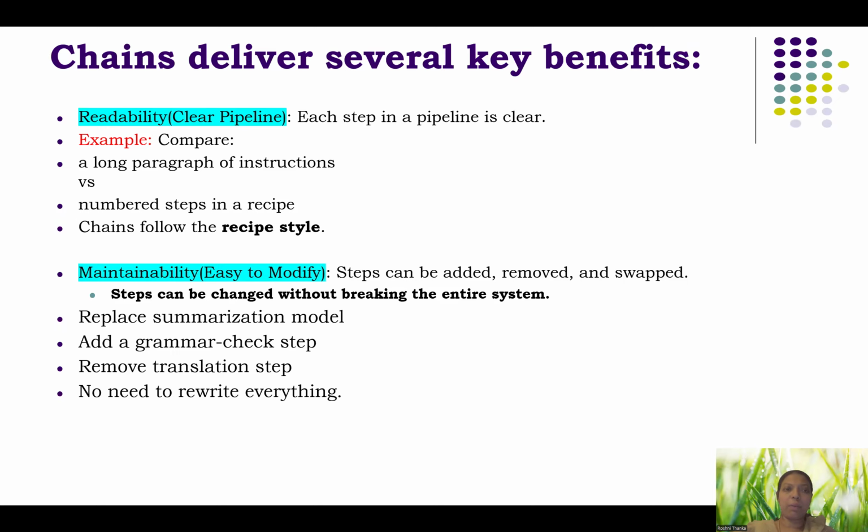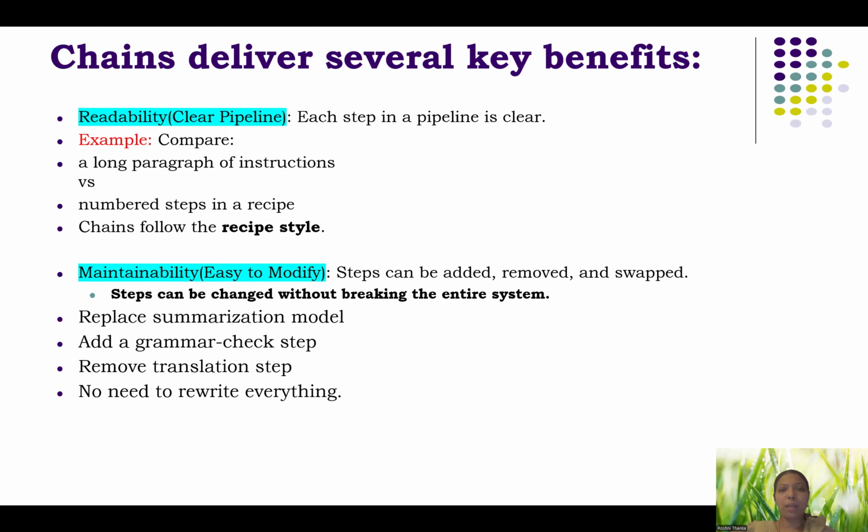Here is an example: if you want to make a recipe, instead of giving the recipe as a single paragraph, if I give it as small steps, it is easy for us to follow and do it. That is what readability is. And the next important benefit of having the chain is maintainability.